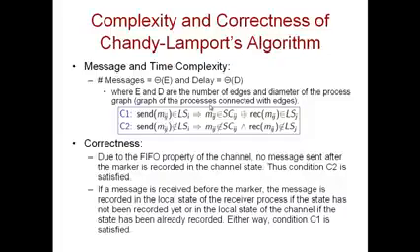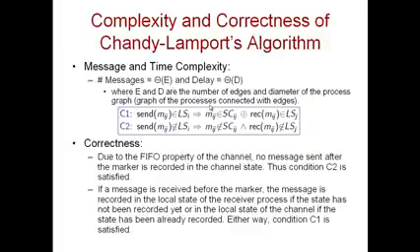Now in terms of the correctness of this, which we already discussed, the first condition is: if the sending of a message is recorded in the local state of the sending process, then the receiving of the message should have been either recorded in the state of the receiving process or as being in transit on the communication channel.